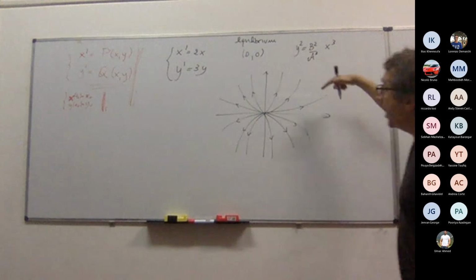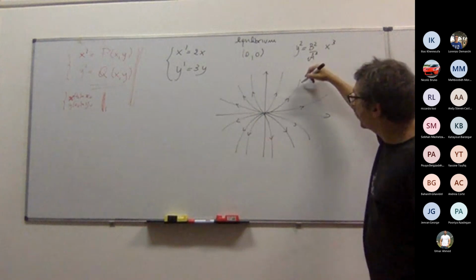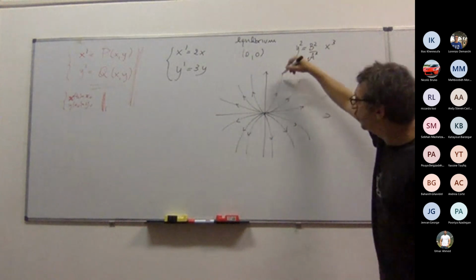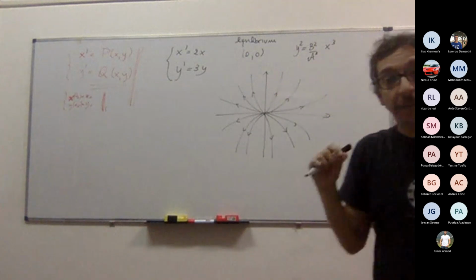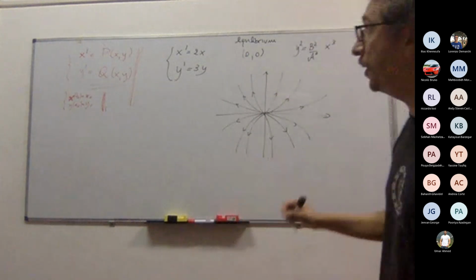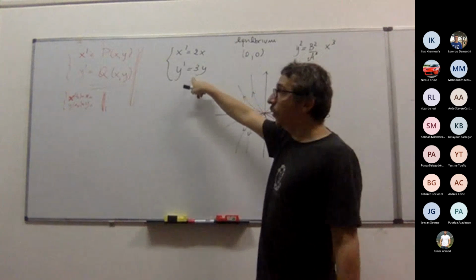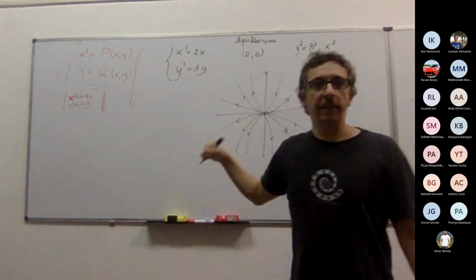Okay? Any of these curves, this one, this one, this one, this one, represents a specific solution of this equation for certain initial data.